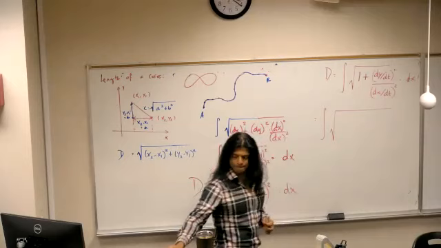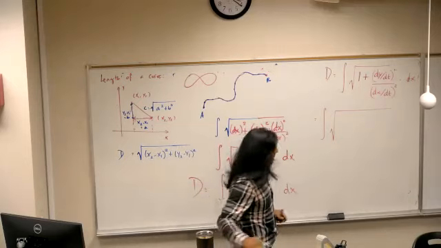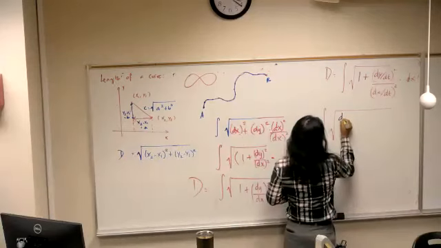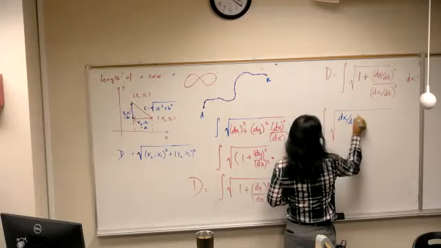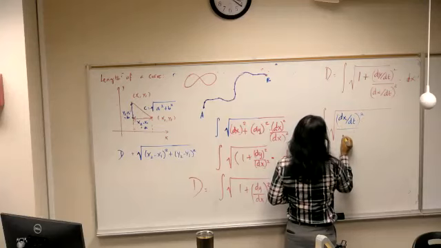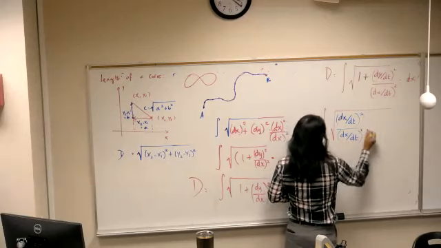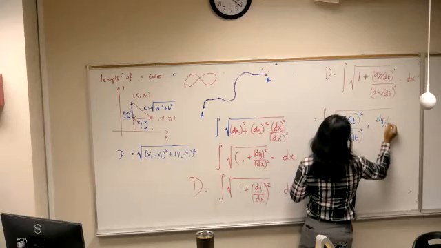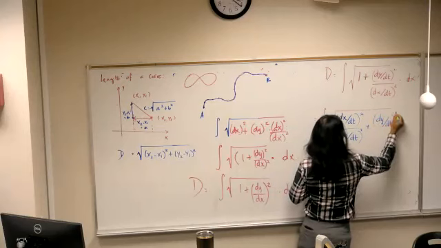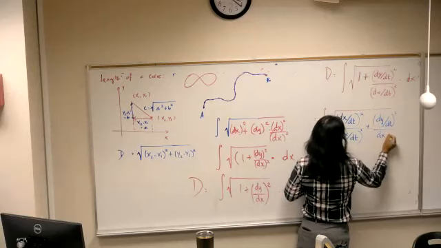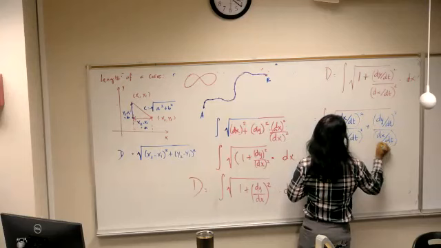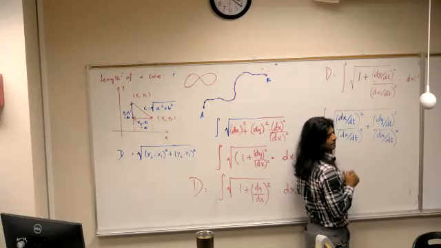That by dx over dt squared. Very good. dx over dt squared over dx over dt squared plus dy over dt squared over dx over dt squared. Agreed.